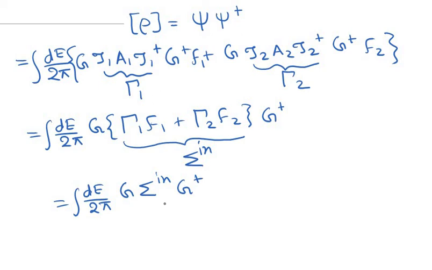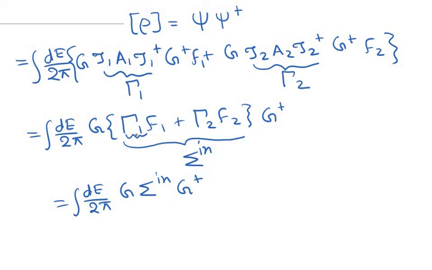Now what does sigma in denote? Note that this matrix gamma 1 is related to how fast an electron can flow out of the system, how fast an electron can decay once it is put inside the system. So this is related to the velocity of the electron from the channel into the contact. This is also related to the velocity of the electrons from the channel into contact 2. Now this is related to the velocity of the electron, and this is related to the Fermi function of contact 1.